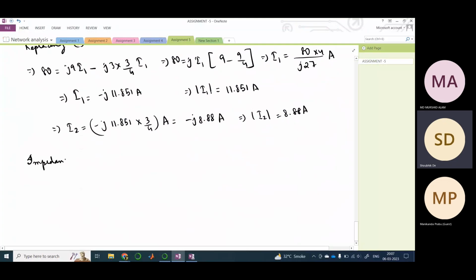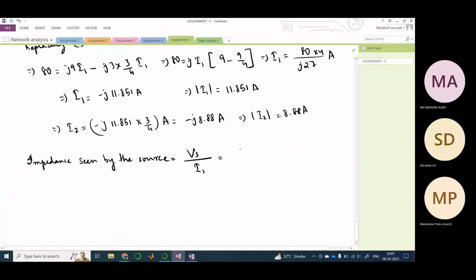So the impedance seen by the source would be the source voltage divided by the current that it is supplying, right? And they have told us to consider only the magnitude. So it would be 80 divided by 11.851, and this would be ohm.